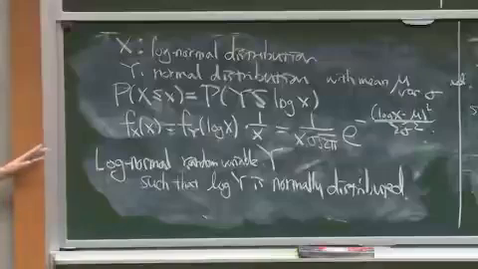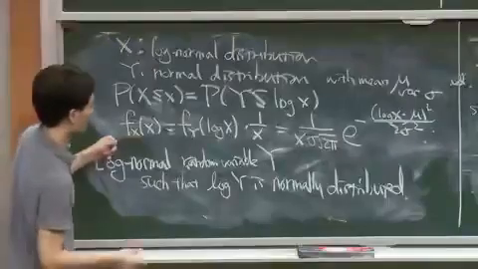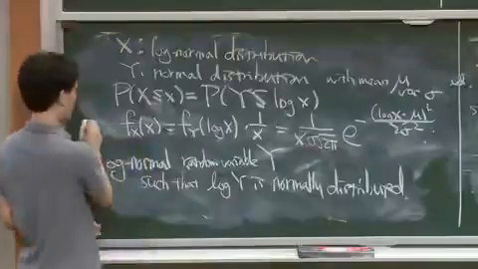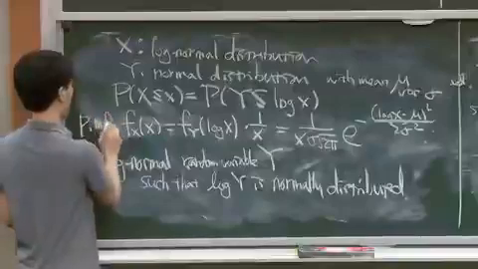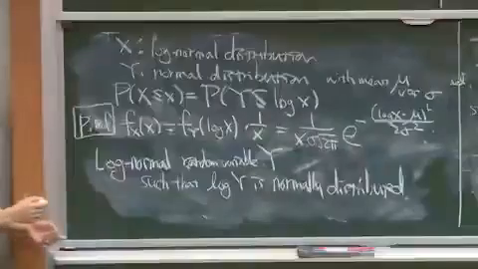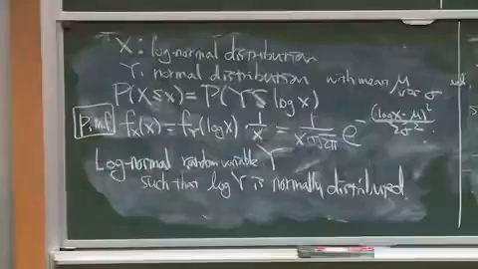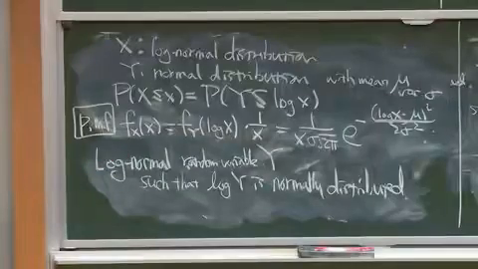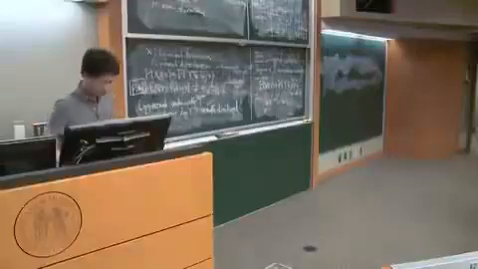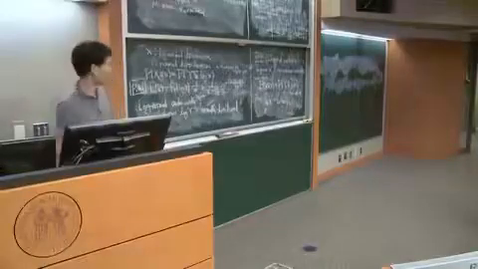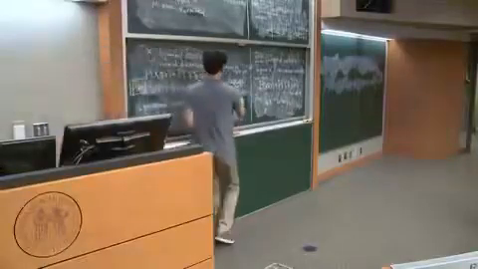So log normal distribution can also be defined as a distribution which has this density function. You can use either definition. And that only works for x greater than 0.